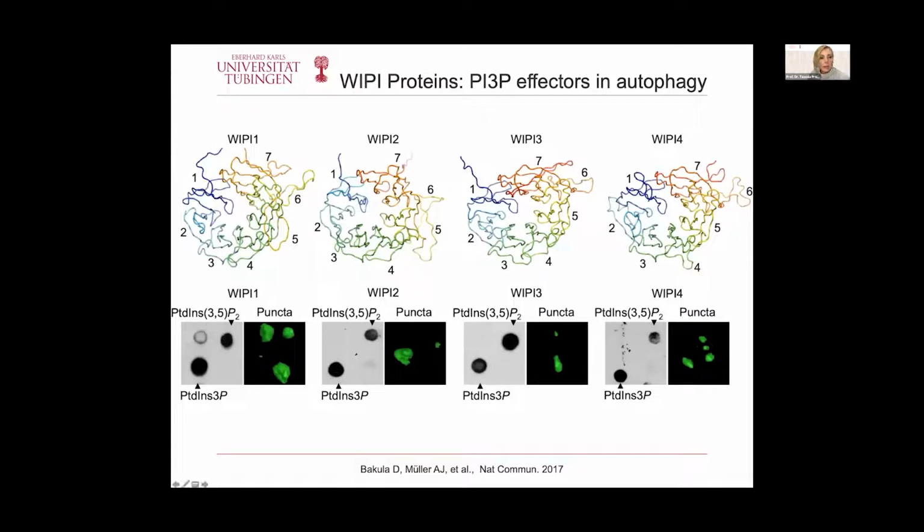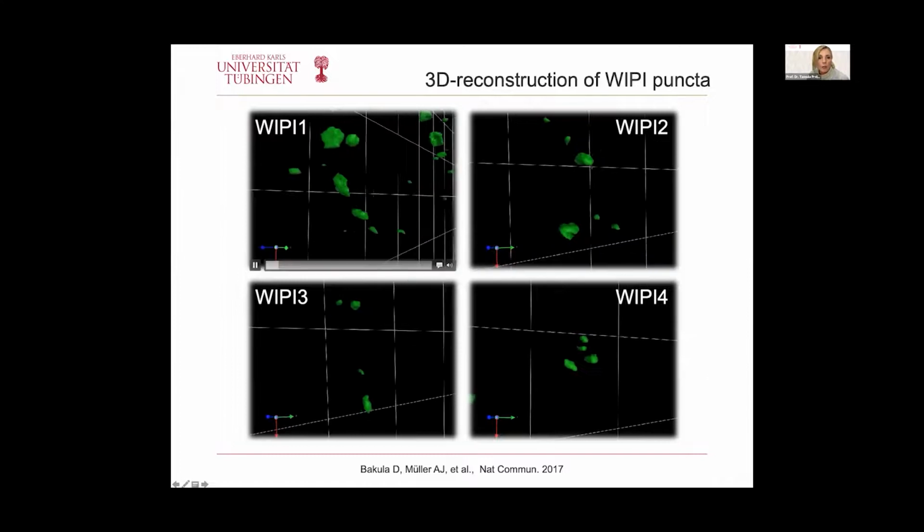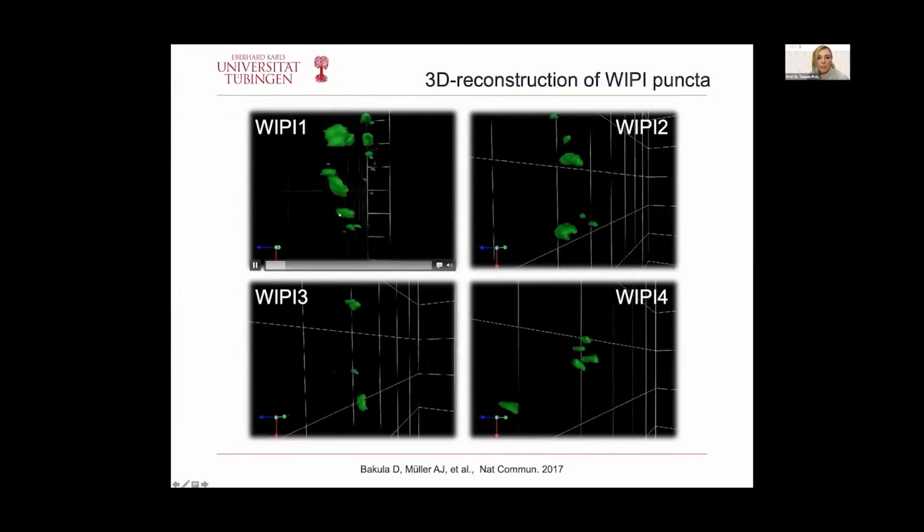So again, you see here the 7-bladed beta propeller formed by all 4 WIPIs. You see they all bind PI3P. This is a protein phospholipid overlay, and they all bind to autophagosomal membranes via PI3P, and that is shown here. So you see here 3D reconstruction of WIPI decorated membranes.